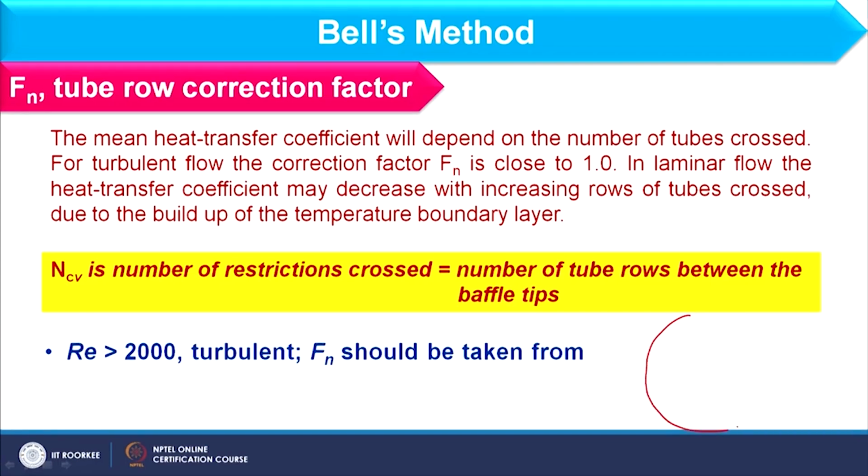Okay. Now, what is this basically? When I am considering the cross sectional area of the shell, and this is basically the baffle. Okay. If I consider two baffles, it will look like this. This is one baffle and this is another baffle having a cut here and here. Okay. Now, number of tube rows between baffle tips. So, these are basically the baffle tips, and if I am having tube rows like this, right.